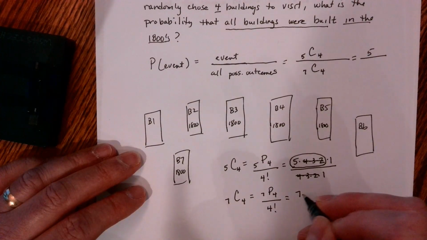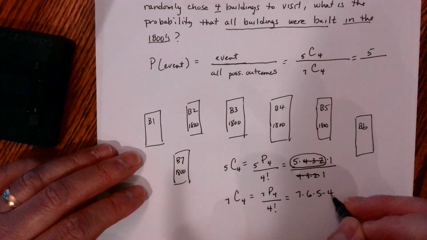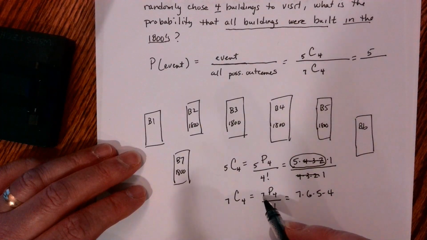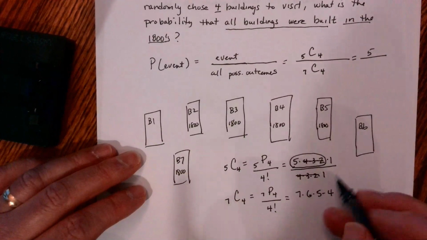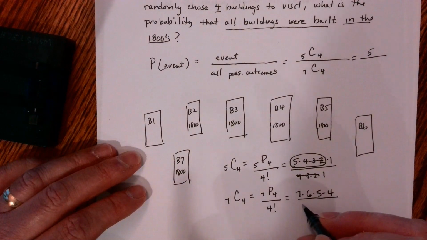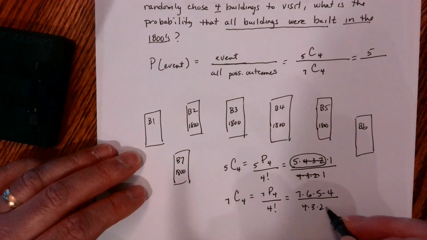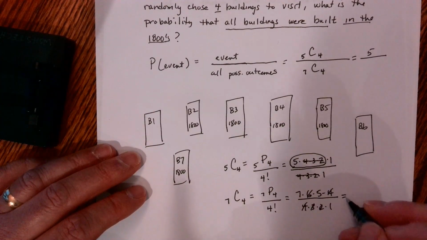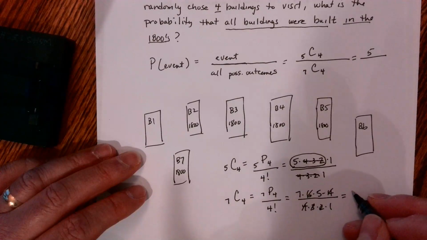So again, it's going to be 7 times 6 times 5 times 4. Now we're going to stop there because we only wanted the first 4. And now we're going to divide by 4 times 3 times 2 times 1. All right, the 4 is gone, and 3 times 2 is 6. That's gone. And 7 times 5 is 35.